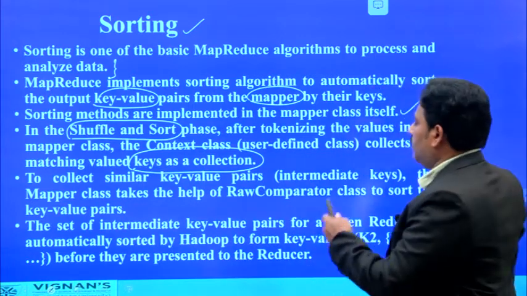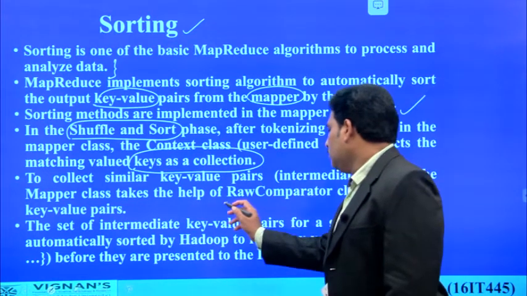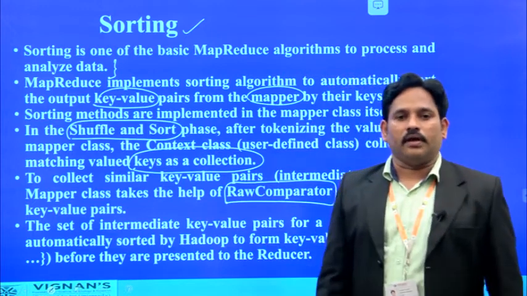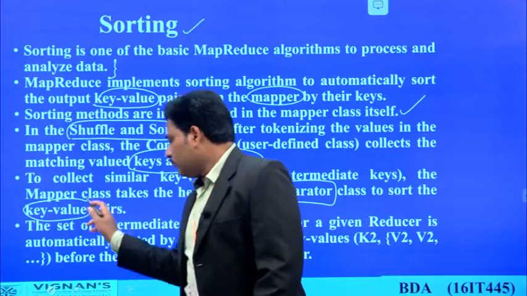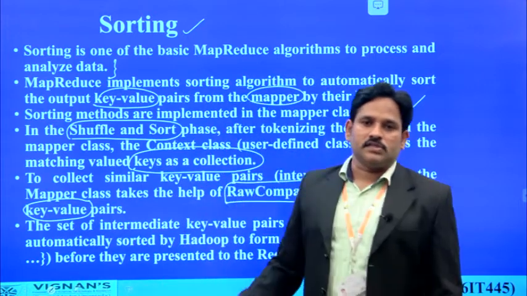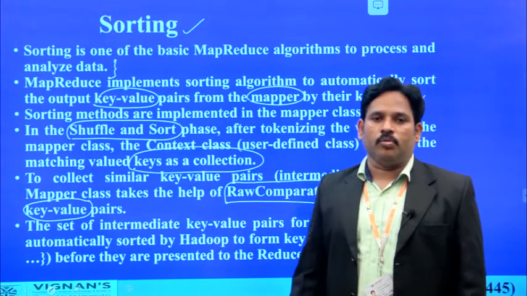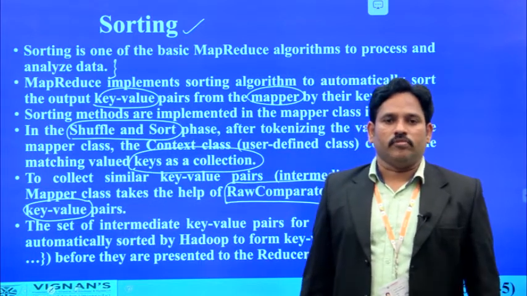To collect similar key value pairs from the intermediate keys, we use a class called RawComparator. This RawComparator will compare each and every key value from every node. In our previous example we have 4 nodes, and every node has 4 employees' information, so altogether we have 16 employees' information.